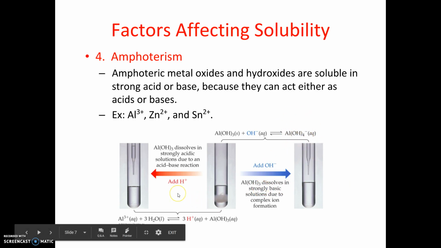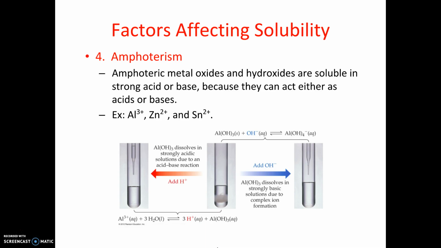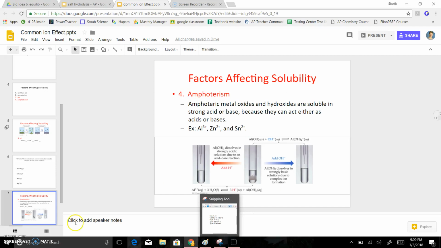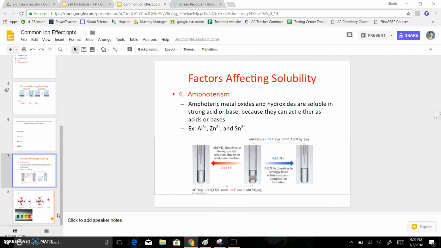Now if you added in an H+, the aluminum hydroxide will dissolve in the H+ solution, because it's already been made with a complex ion, and it'll force the water to react with the hydrogen, and that'll cause more of the aluminum to actually dissolve with it. So either way you look at it, aluminum can dissolve in an acidic solution or in a basic solution.